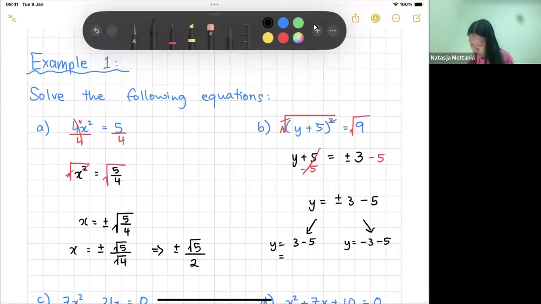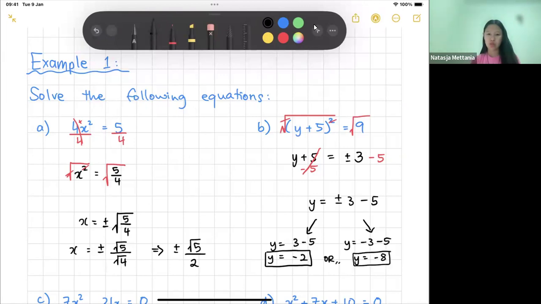Okay, so my first solution is going to be -2. So y can be -2 or y can be -3 minus 5, -8. Those are my two solutions.